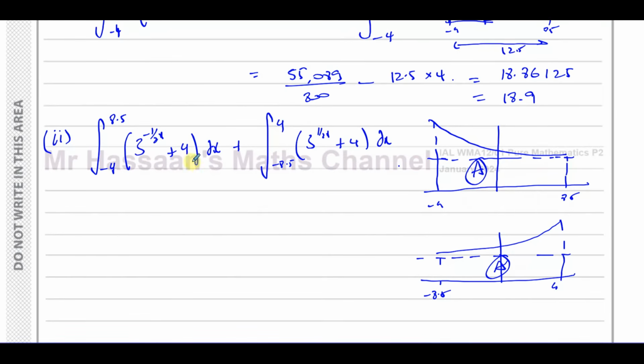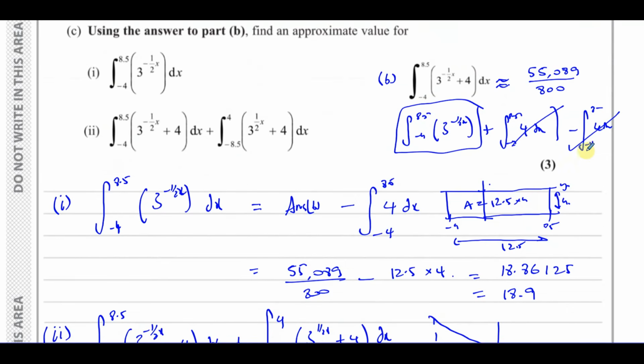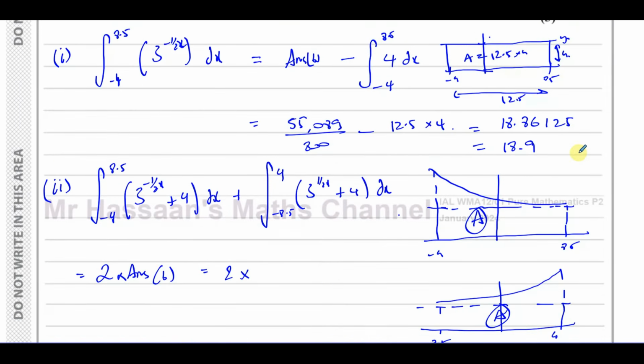So we can say that this is the same as 2 times the answer to part B. This is the answer to part B, and you have to add the same area. It's going to be exactly the same area, just a mirror image of this. In terms of the limits and everything, you can see you're going to get exactly the same area. So you just take your answer to part B and you multiply it by 2. So it's 2 times 55,089 over 800.